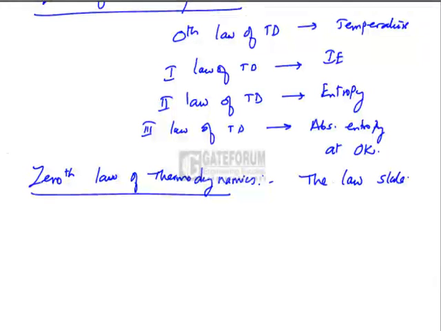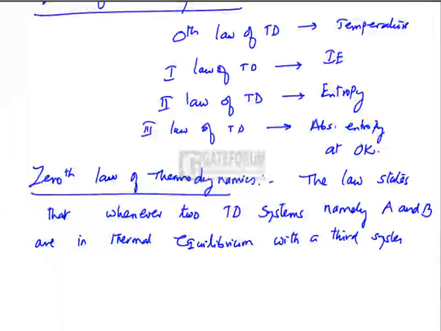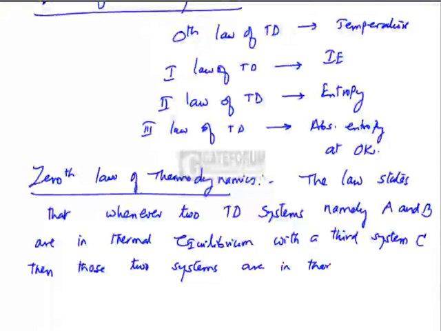The law states that whenever two thermodynamic systems, namely A and B, are in thermal equilibrium with a third system C, then the two systems are in thermal equilibrium with each other.